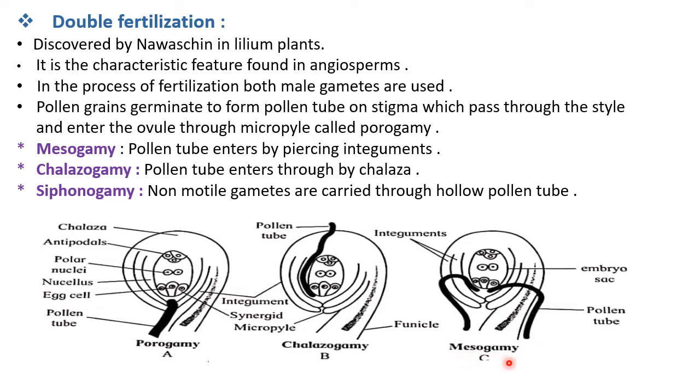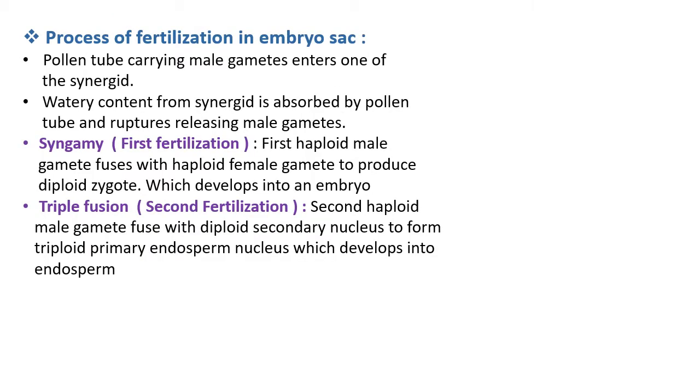The pollen tube is hollow and carries two non-motile male gametes. Hence, the phenomenon is called as siphonogamy. The process of fertilization occurs inside the embryo sac, or it is also called as female gametophyte of angiosperm.